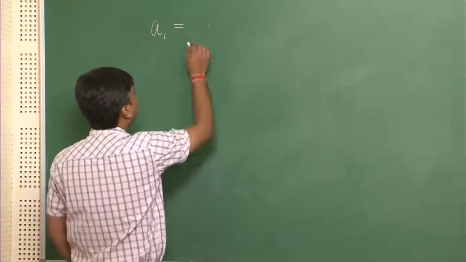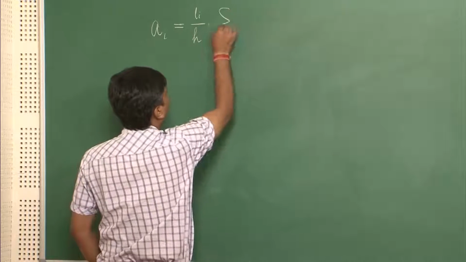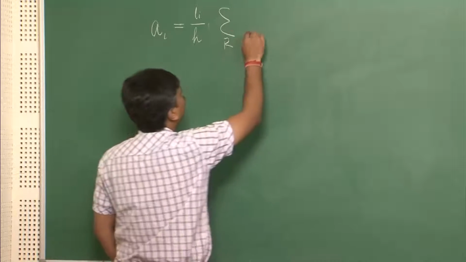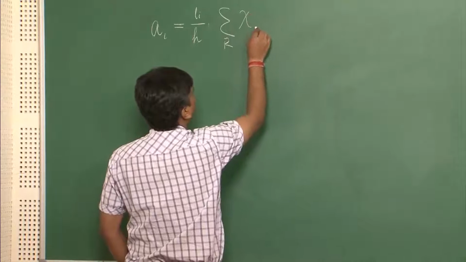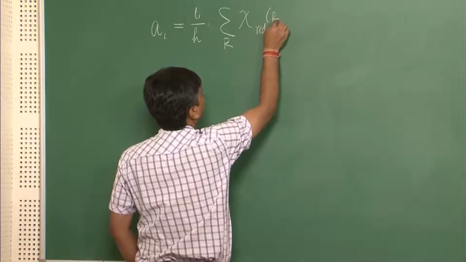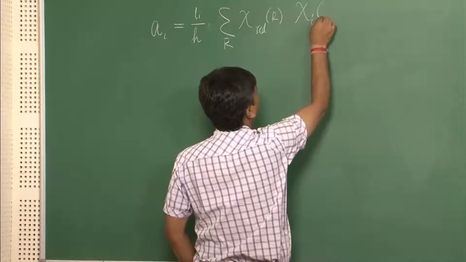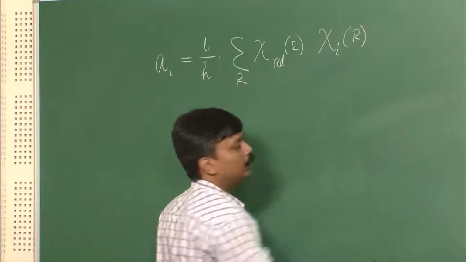So that is given by chi-reducible of any given R and the particular irreducible representation that we are concerned with, right?